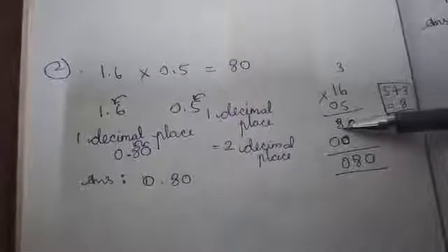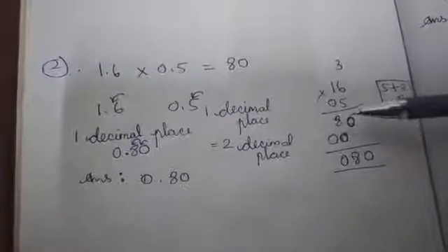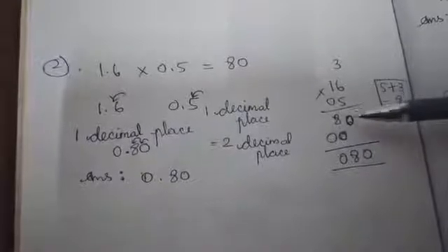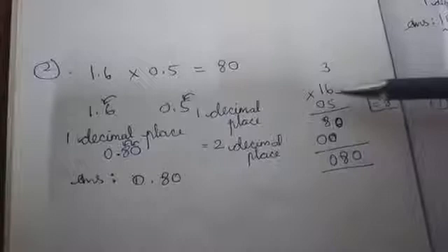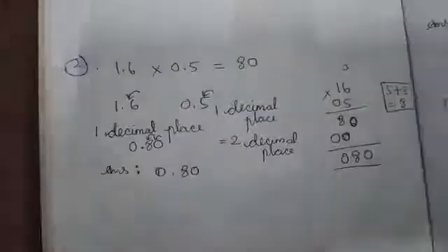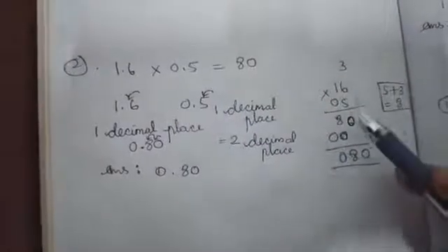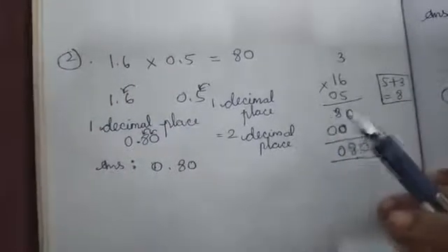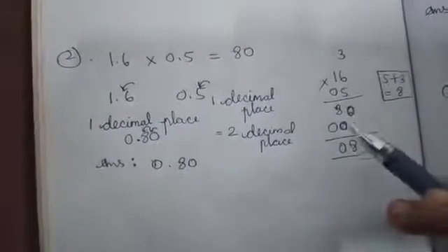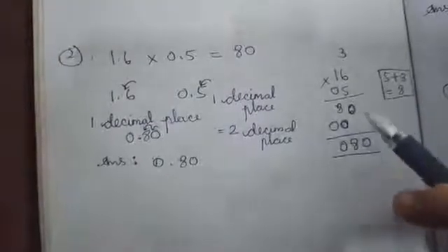The next number is 5. We multiply 16 by 5. 5 sixes are 30.